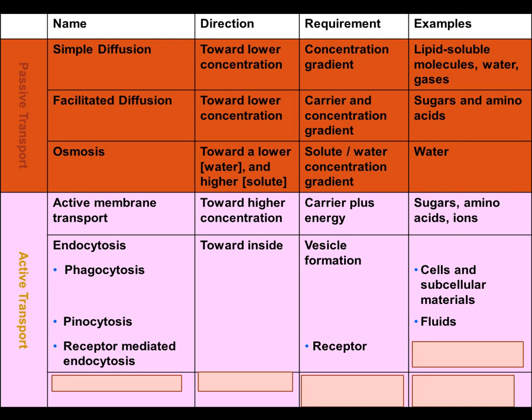I could say ligand, I could say hormone if it's a hormone, some other chemical, a virus, or whatever it may be. And this is how big substances or macromolecules get into a cell when receptor-mediated endocytosis is used.